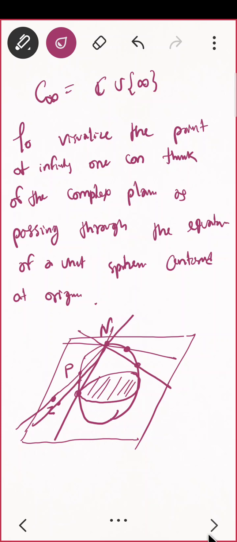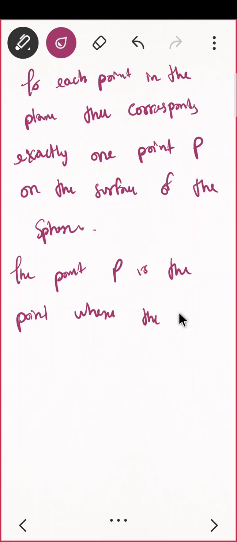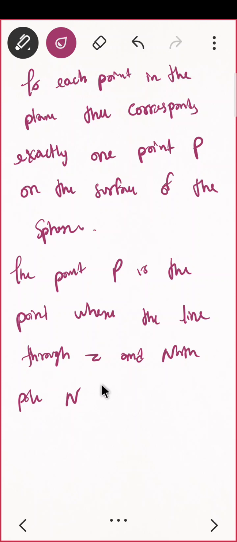Okay, now what is this point? The point P is the point where the line through z and the north pole intersects the sphere.